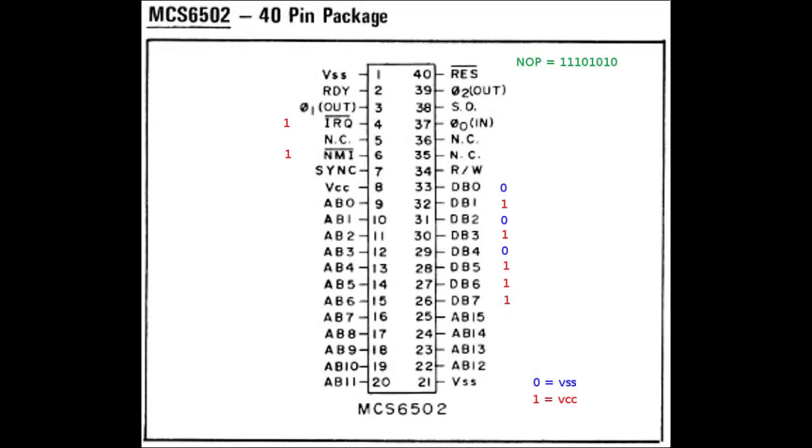And so what we do is also cut the IRQ and NMI pins and connect them to VCC, because usually on a board the CPU must first initialize the IRQ or NMI sources, but that's not always the case.